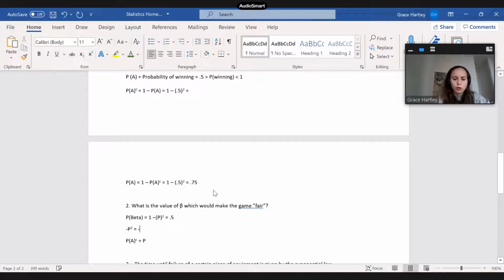And then you take the square root of both sides, which eliminates the minus notation. So p squared would equal 0.5. No, p should be something greater than 0.5. So just take the square root of 0.5.